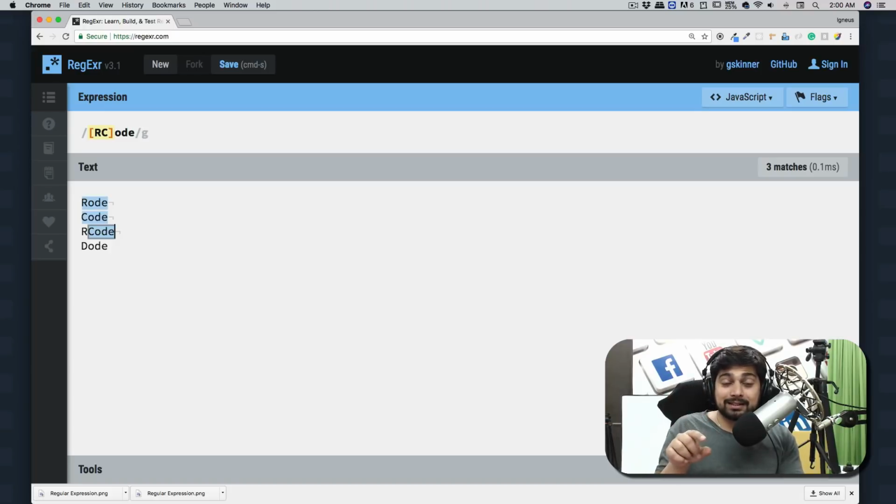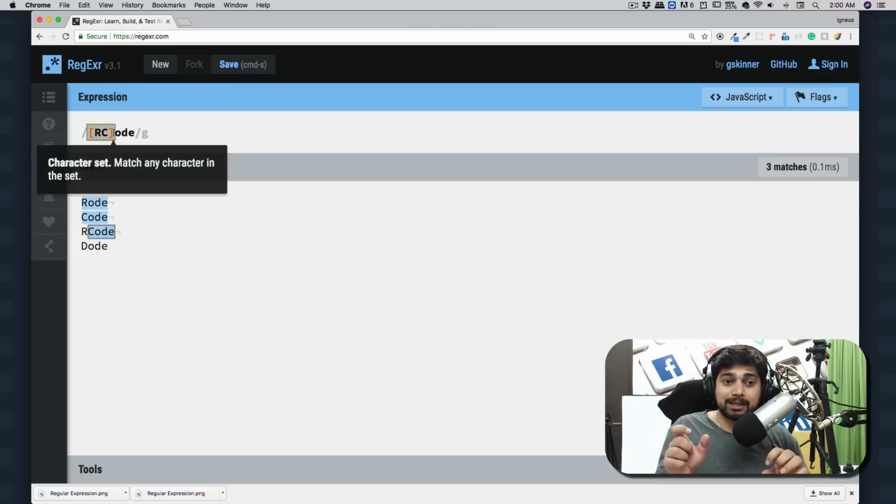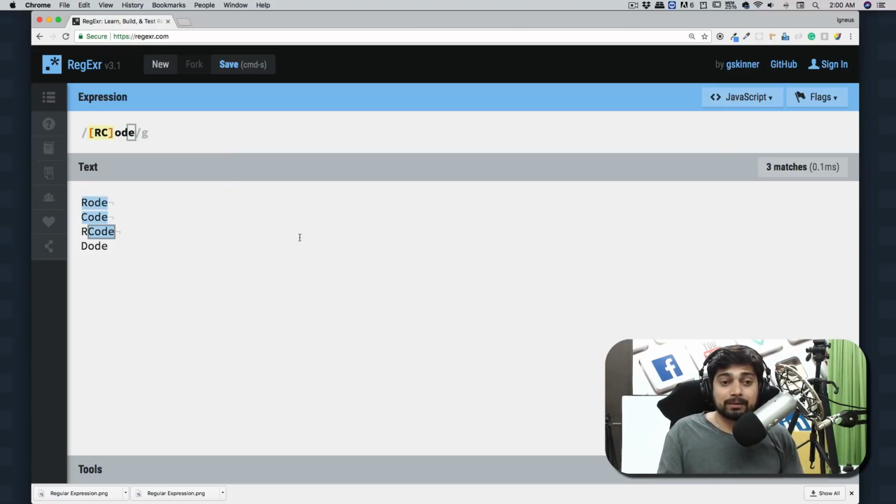The square thing, which is known as a character set, says you can put as many characters inside me as you wish. But what I mean is this part here, totally along with the bracket, means one entity. It can be just one literal character. It can be either R or C since you have written one of them. But you can put more of them, like if I want to match DODE, you can put a D here as well. Now it's going to match that.